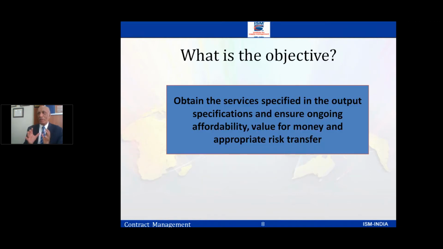So the objective behind contract management is that the services obtained meet the output specification, ensuring affordability, value for money, and appropriate risk transfer. At the right time, you can transfer the risk, you can mitigate the risk, that's the advantage.